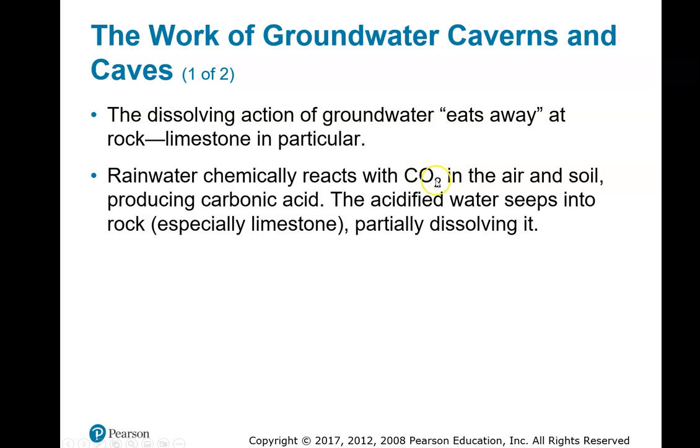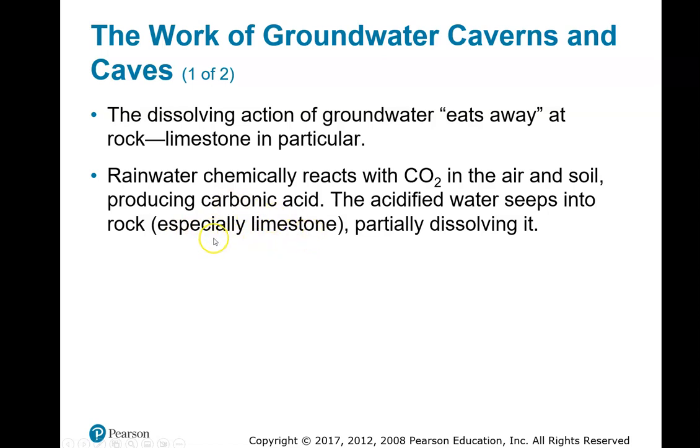The rain, the water, will interact with this carbon dioxide and turn into a very weak acid called carbonic acid. It is slightly acidic, and what that does is, with certain rocks, specifically limestone, as a matter of fact.